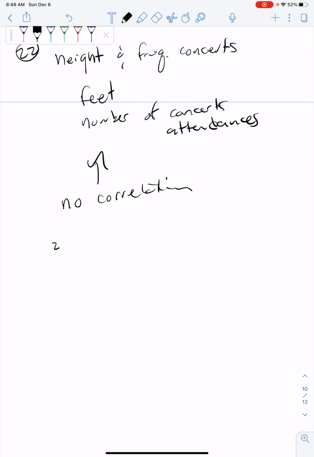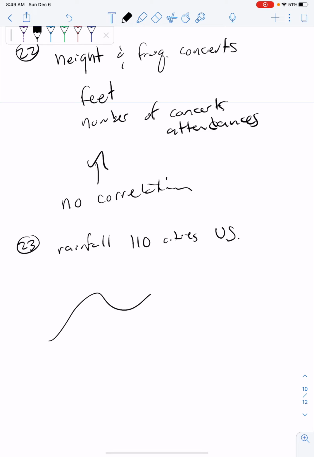Okay, let's see, where are we at? Number 23. I know these are running long. They're long problems, and there's a lot of them. So consider the distribution of the annual rainfall. Let's see, rainfall in 110 cities randomly selected throughout the United States. Okay. How many peaks would you expect? When it says consider the distribution, it wants to know if you looked at this data, what's it going to look like?